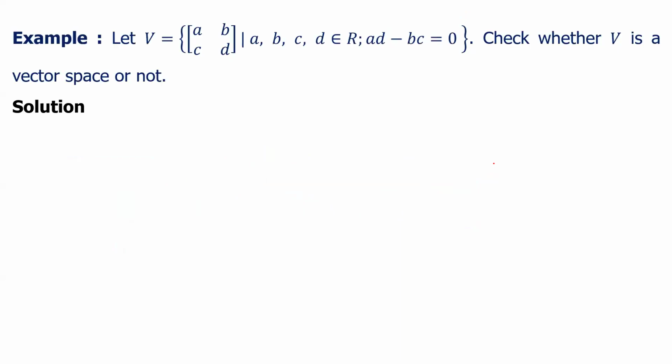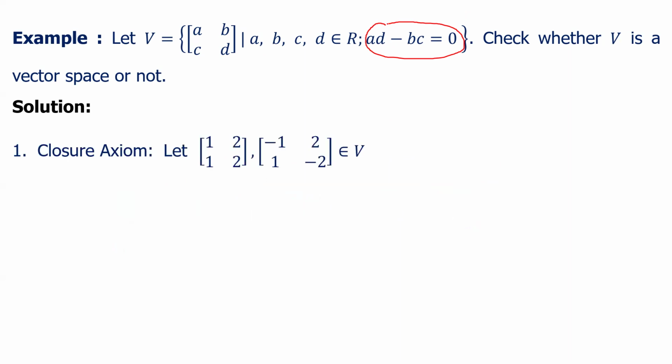Let us take one more example. Let V be the same matrices we have taken, but in this example, AD minus BC is equal to 0. So let us also give a counterexample over here.